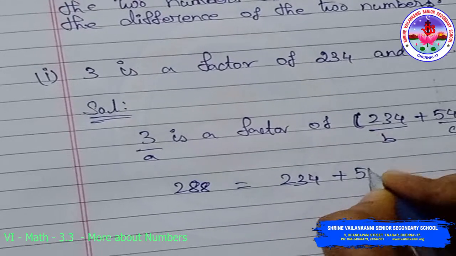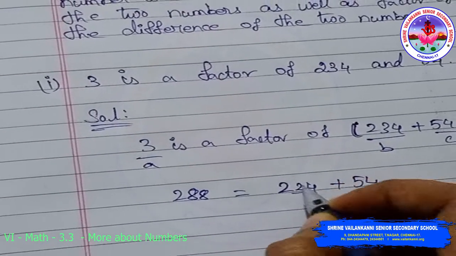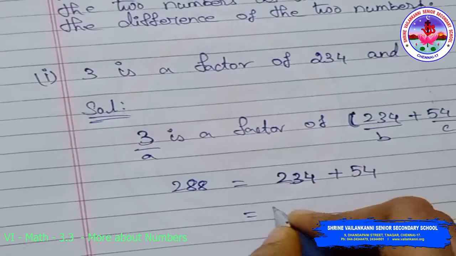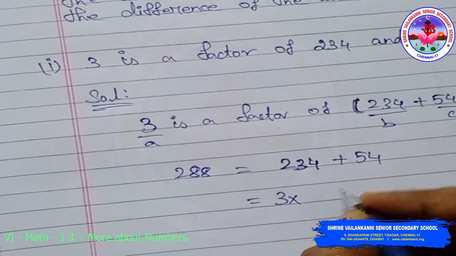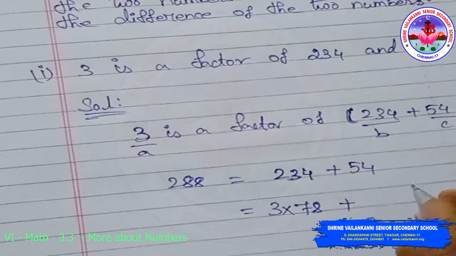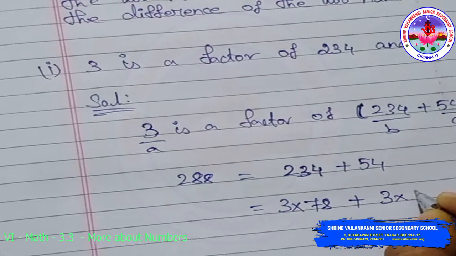Now you can divide 234 by 3. It is 3 into 78. Plus 54 divided by 3, that is 3 into 18.